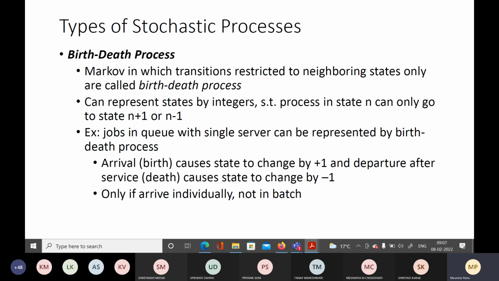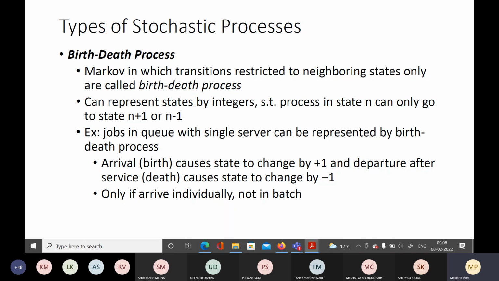Otherwise, you are going to the next state, which is known as a birth. That means there was an arrival, so you went to the next state. And when there was a departure, you went to the previous state, so there was a death. How do we represent it? We represent the states by integers. We have seen it in the last class.